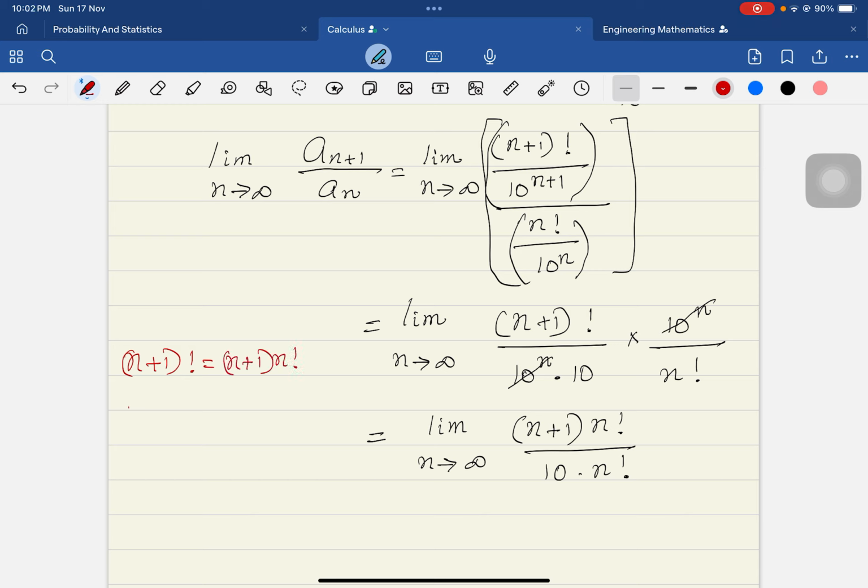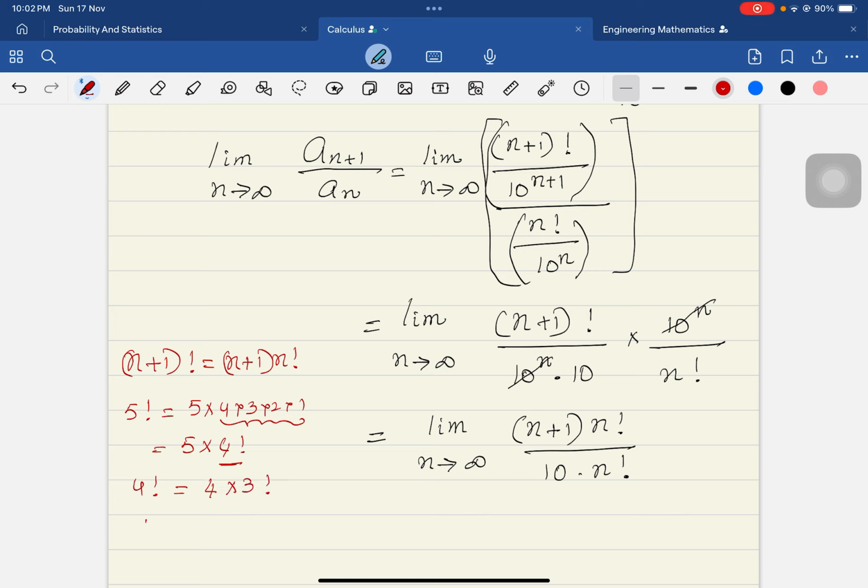Let us now look at some examples for this. Suppose it is 5 factorial. How can I write 5 factorial? As 5 into 4 into 3 into 2 into 1, correct? So can I rewrite this as 5 into 4 factorial? This 4 into 3 into 2 into 1 can be rewritten as 4 factorial. Similarly, 4 factorial can also be written as 4 into 3 factorial.